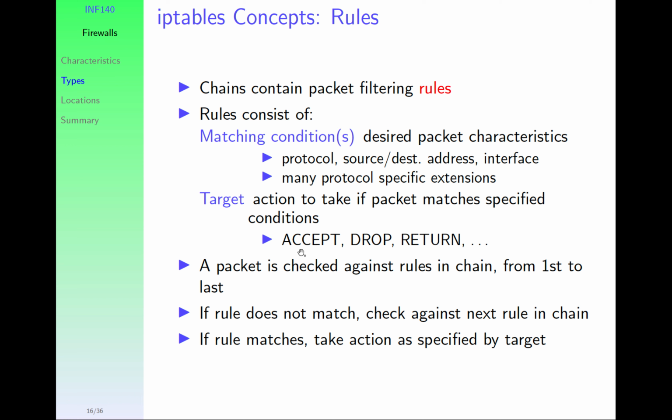And we will focus on accept and drop. Basically, when a packet arrives at the device, iptables will inspect the packet header, and it will be checked against the rules in the chain from the very beginning to the last one. If no rule matches, then it will take the action specified by the default policy.